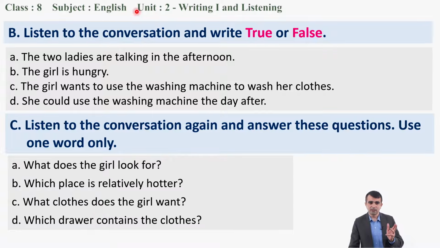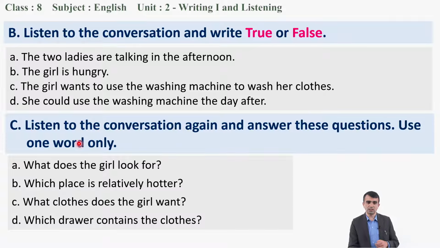Now, task B is listen to the conversation and write true or false. Statement A, the two ladies are talking in the afternoon. B, the girl is hungry. C, the girl wants to use the washing machine to wash her clothes. D, she could use the washing machine the day after.